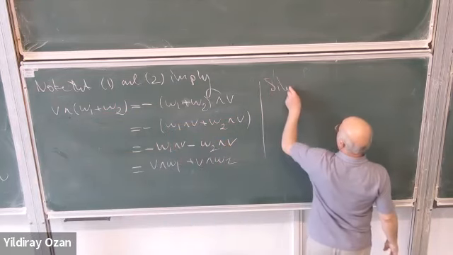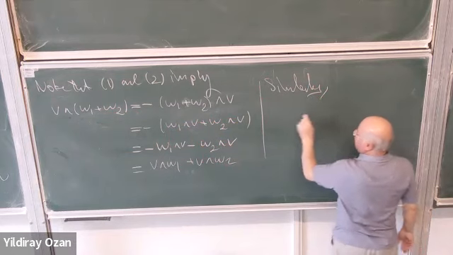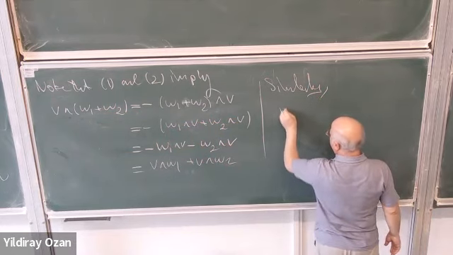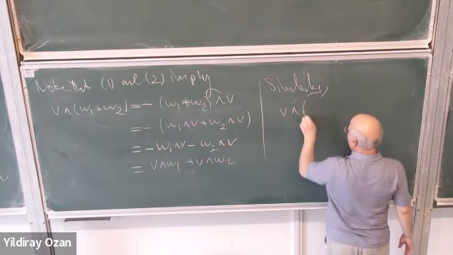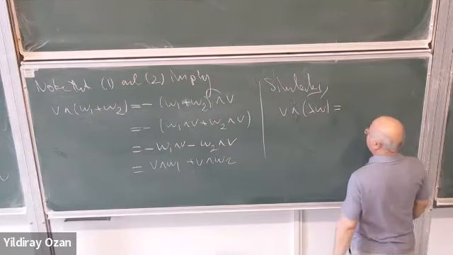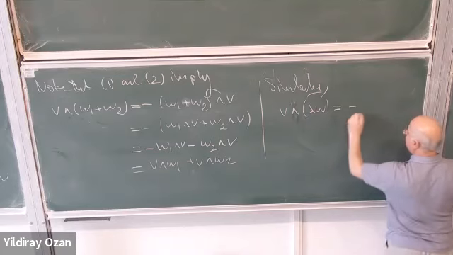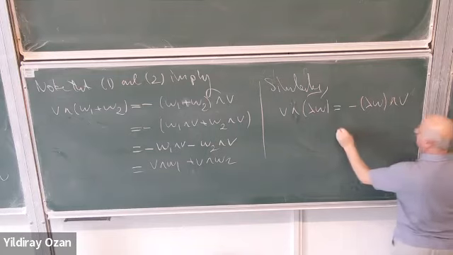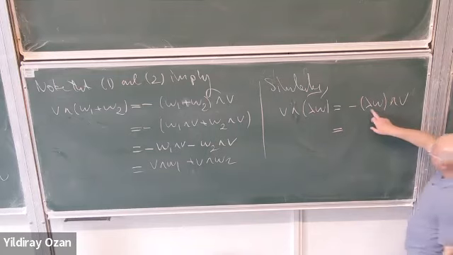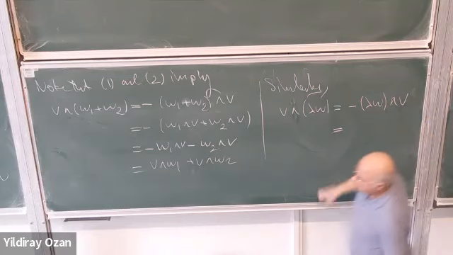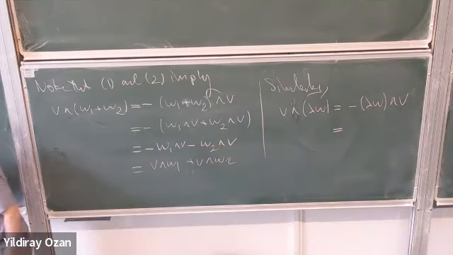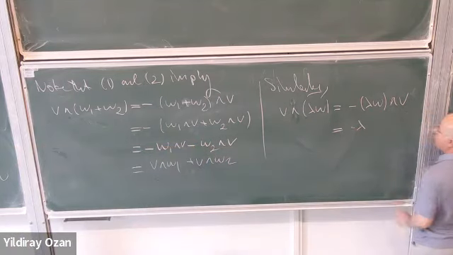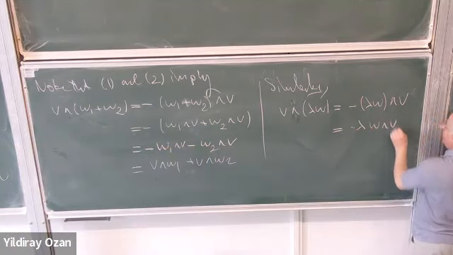Similarly, okay, v wedge lambda w, by 1. Well, this is just minus lambda w wedge v, but we know that this lambda goes out because I have this, so this lambda goes out. So this is just minus lambda w wedge v.